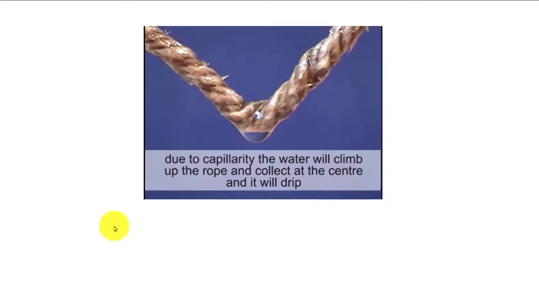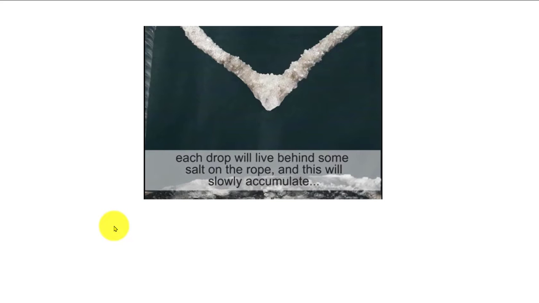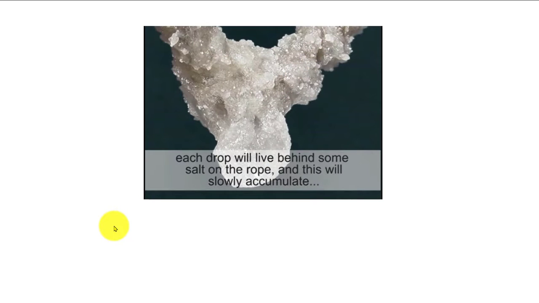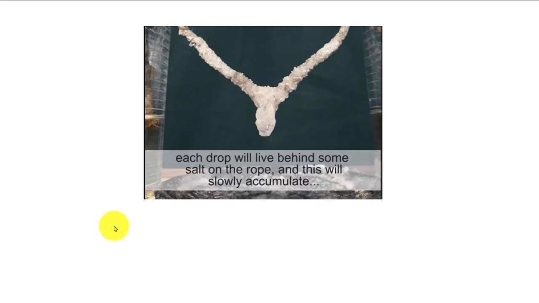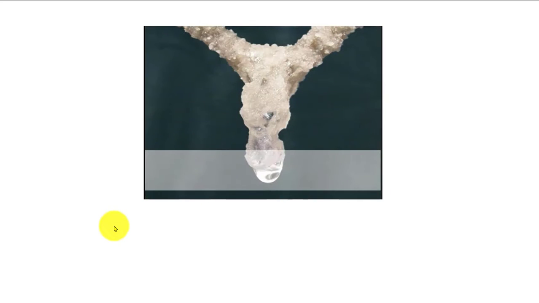Due to capillarity, the water will climb up the rope and collect at the center, and it will drip. Each drop will leave behind some salt on the rope, and this will slowly accumulate.